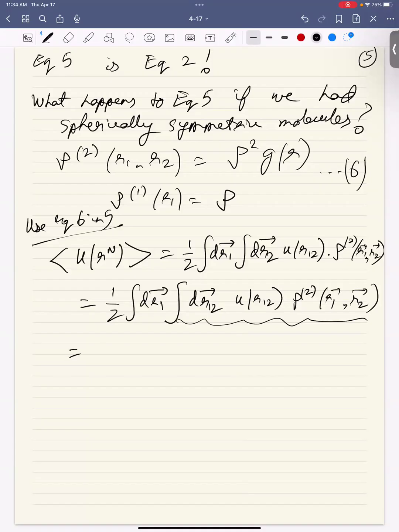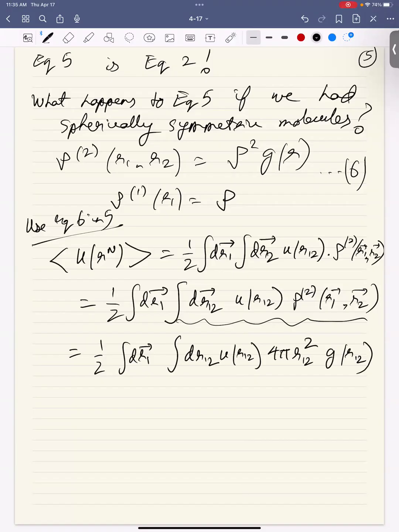So this will become half integral dr1 integral scalar dr12, I have removed the vector now, multiplied by u of r12 multiplied by 4 pi r12 square g of r12.